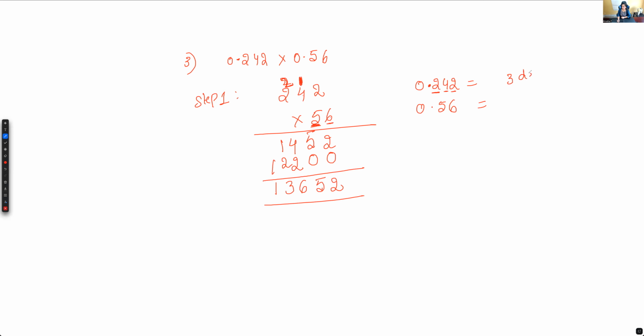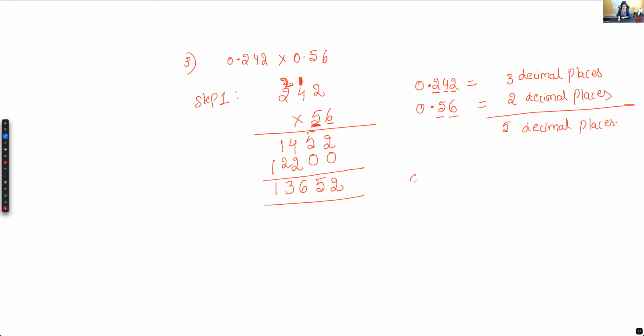So we have 3 decimal places. Now, in 0.56, after the decimal point, you have 2 decimal places. So in total, we have 5 decimal places.